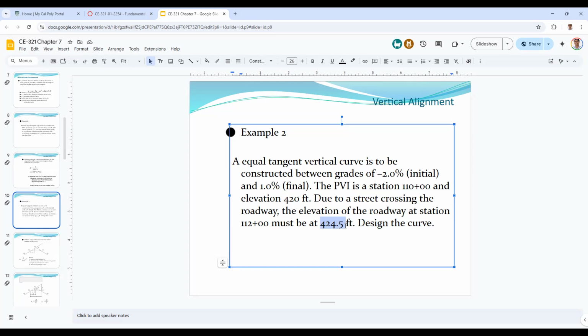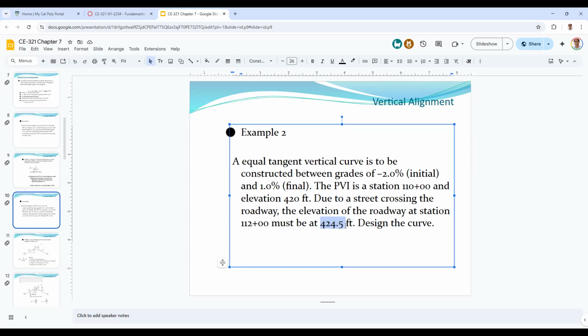The X value is defined as the horizontal positioning relative to PVC. So all you need to figure out is what my X value is where the stationing is 112 plus 00.